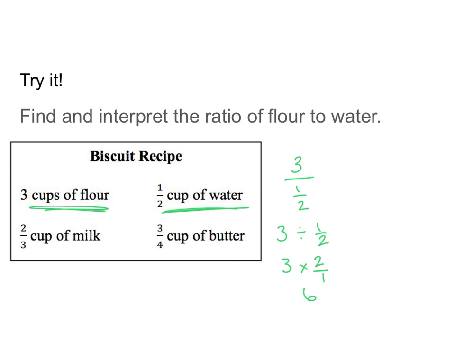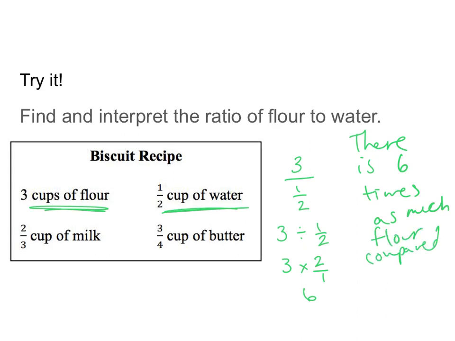Now, what this means is there is 6 times as much flour compared to water. So when I divide the numbers out, that's an interpretation of the ratio. That's me figuring out, what does this ratio actually mean?